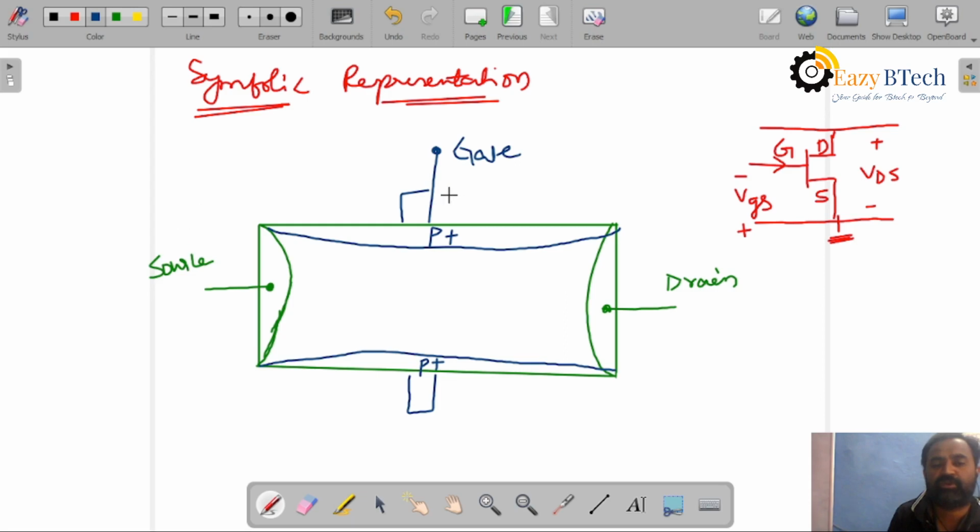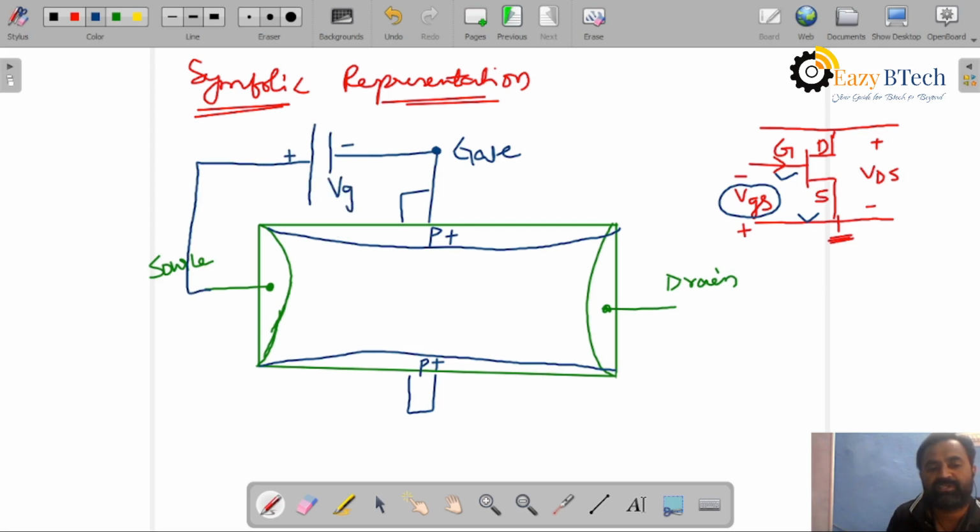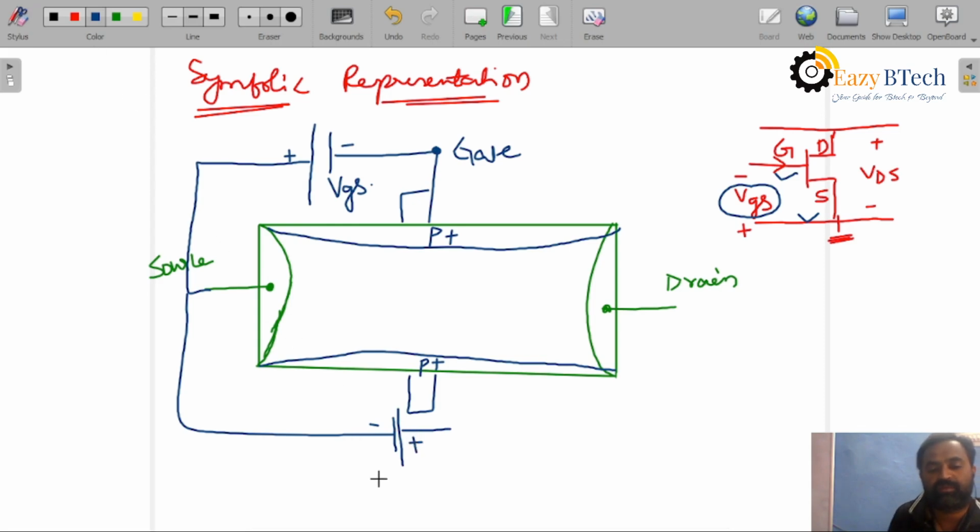We can apply an input voltage between gate and source, that is VGS, and the output voltage VDS. It is a channel.